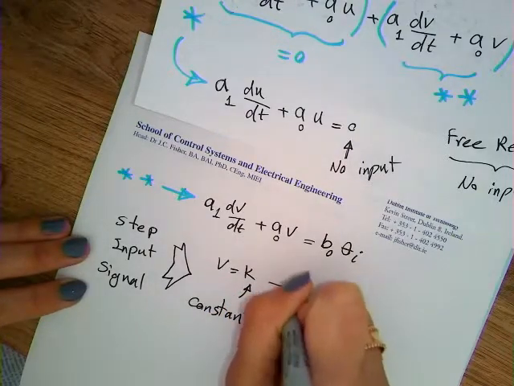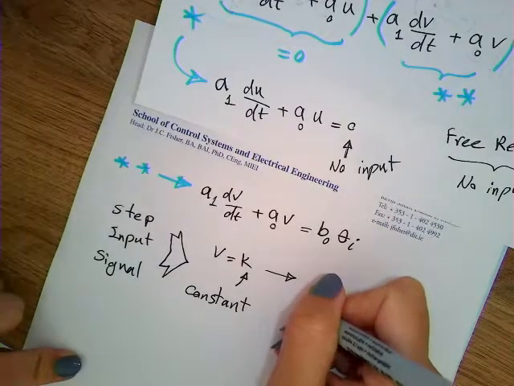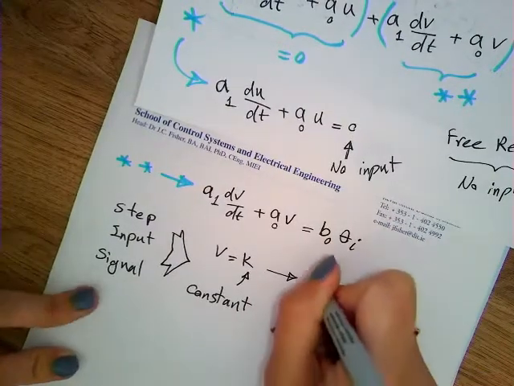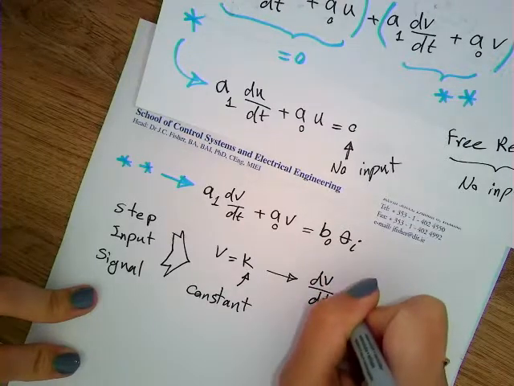So you know that when we have a constant, what happens to derivative of that? So derivative of v with respect to time would be 0.